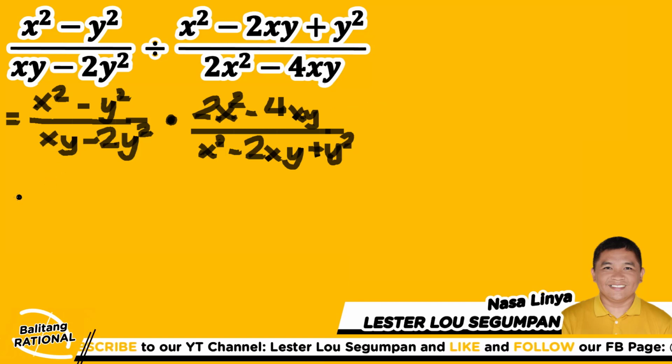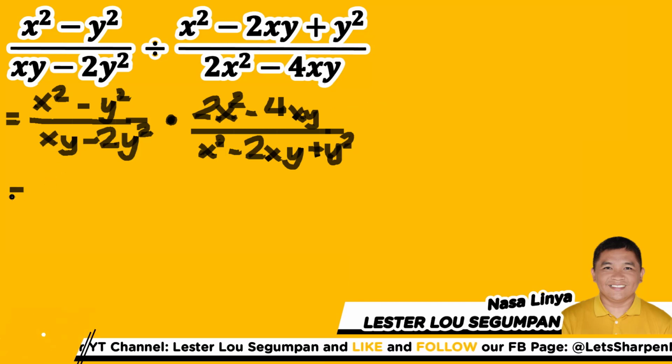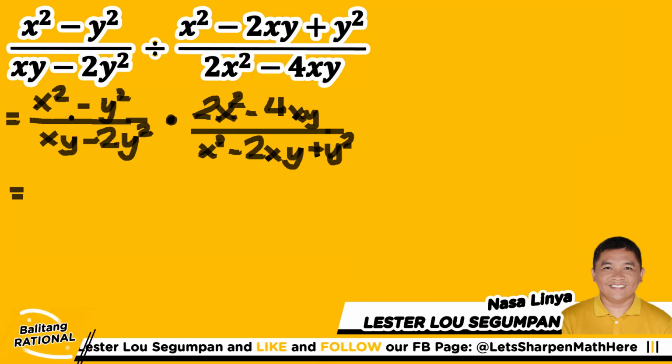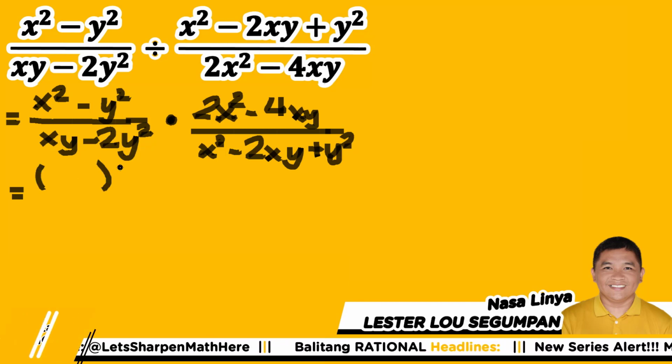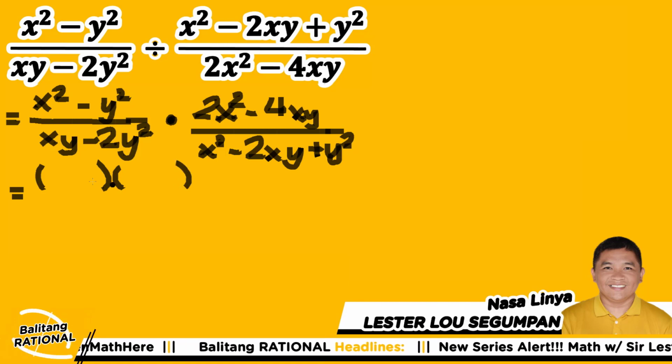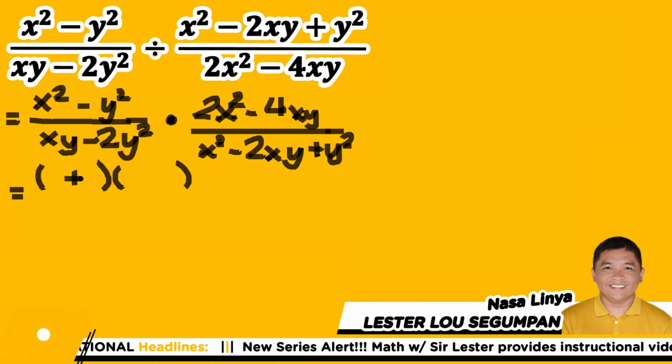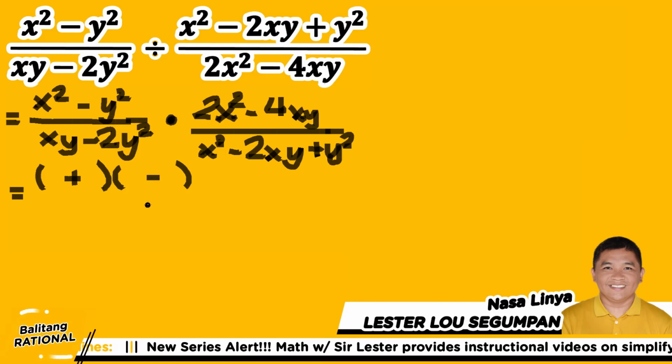Our numerator on our first rational expression is a difference of two squares. You have two perfect square expressions separated by the subtraction. So yung ating factors dito are given to be binomial expressions of the same first term, same second term, but only differ on the operation separating those terms.